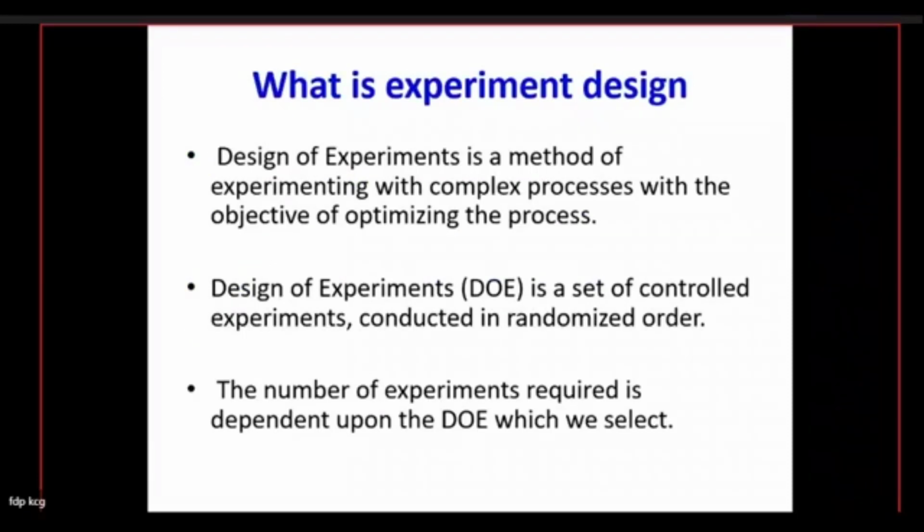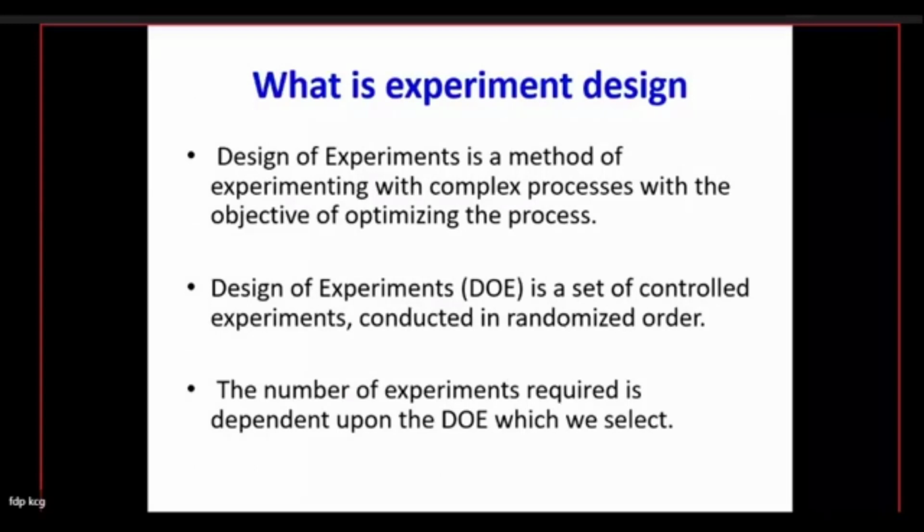So if we come to the first aspect, what is experiment design? Before discussing the experimental design, we have to know why we want to do this design. Design of experiment is a method of experimenting with a complex process. When we are working with biological sciences, our processes are more complex as compared to physics or chemistry, because whatever external factors we can control, beyond that there are biological factors.